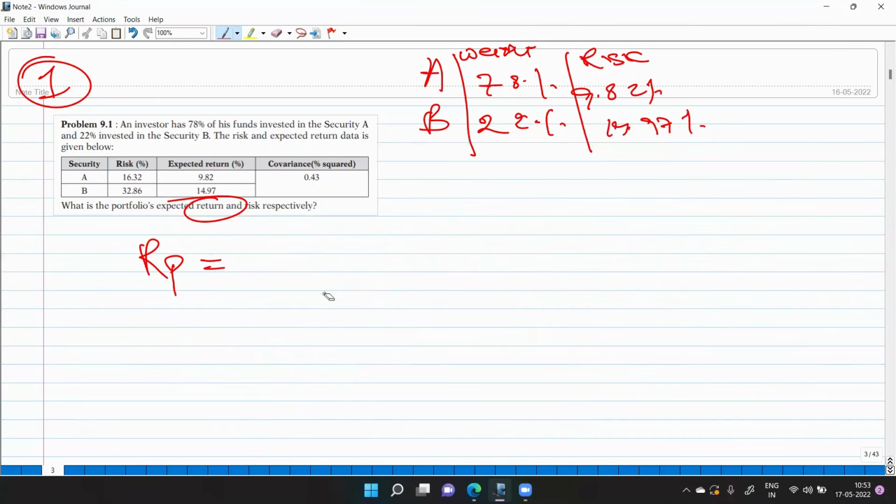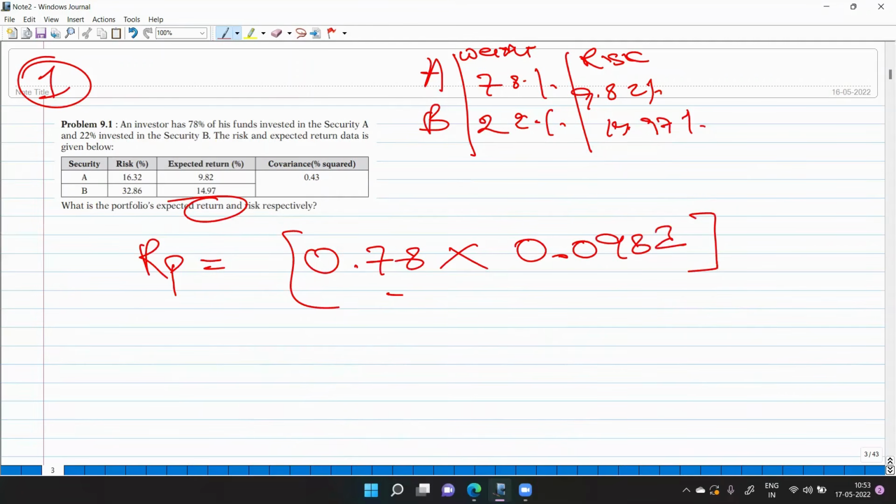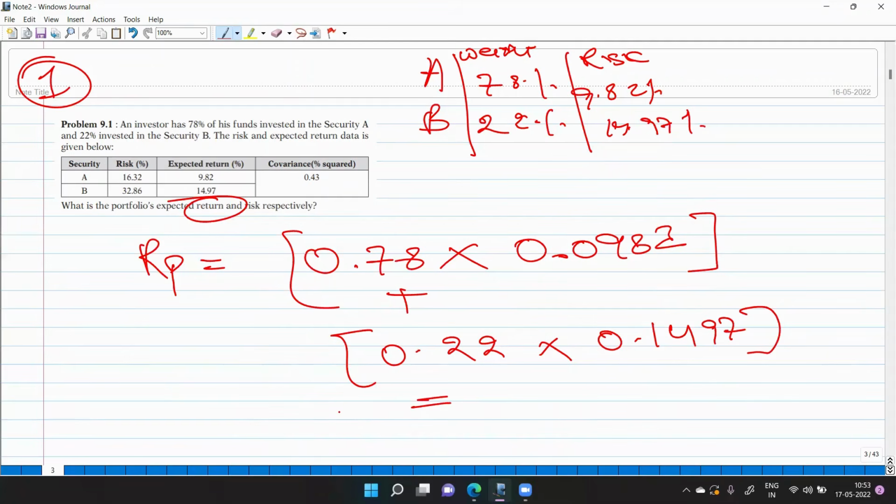So it will come out to be 0.78 into 0.0982 plus 0.22 into 0.1497. The logic behind everything you can cover in another video. Today we will only be covering the practical part. Okay, let's try to solve it.